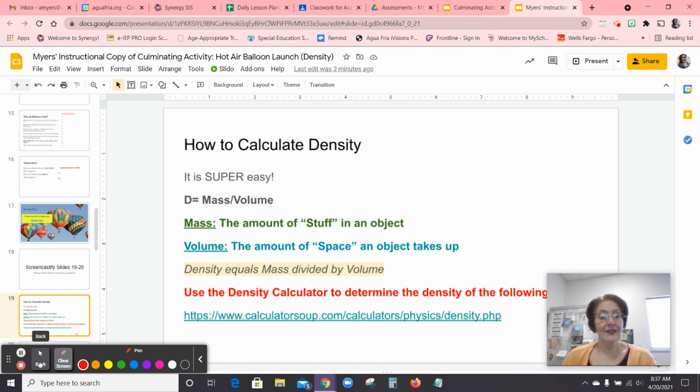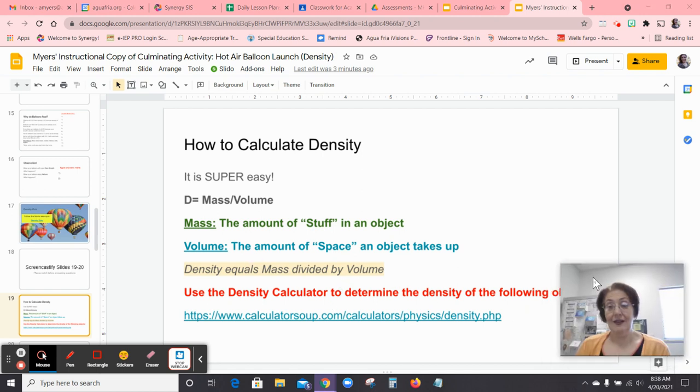Mass is the amount of stuff in an object, so how much stuff do we put into an object? And volume is the space an object takes up. So density equals mass, the amount of stuff in an object, divided by the volume, the amount of space in an object.